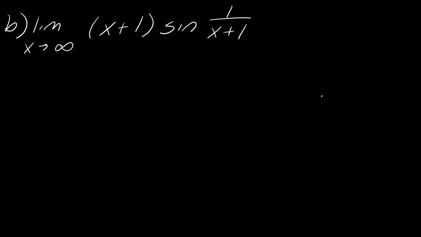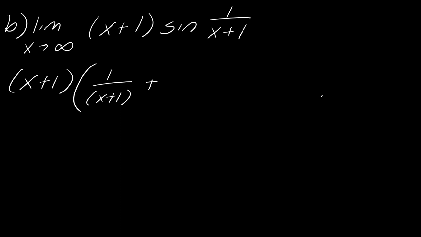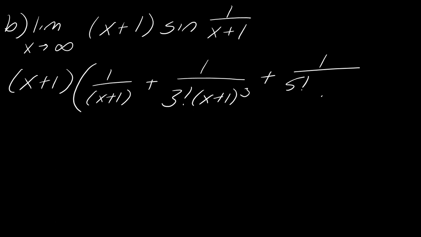Okay, so I've got this x plus 1, and then 1 over x plus 1, and then we'll write this as minus 1 over 3 factorial times x plus 1 cubed, and then plus 1 over 5 factorial times x plus 1 to the 5th, and so on and so forth.